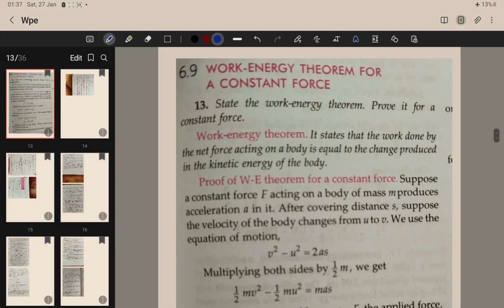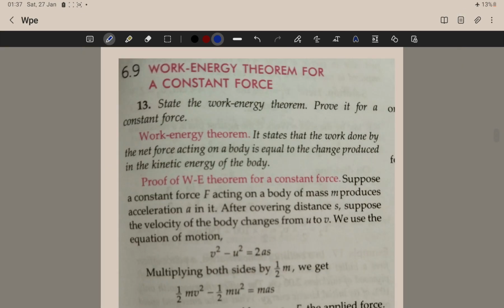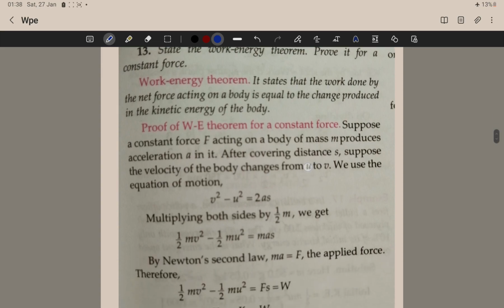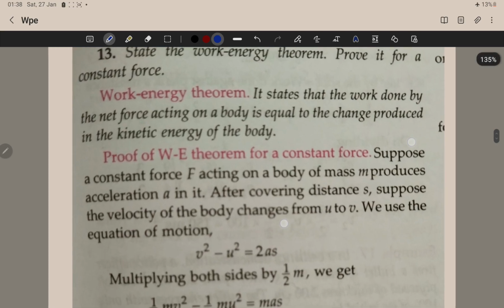Now let's understand the work energy theorem for a constant force. What is the statement of the work energy theorem? It states that the work done by the net force, always remember, not any force or applied force, but the net force acting on a body.